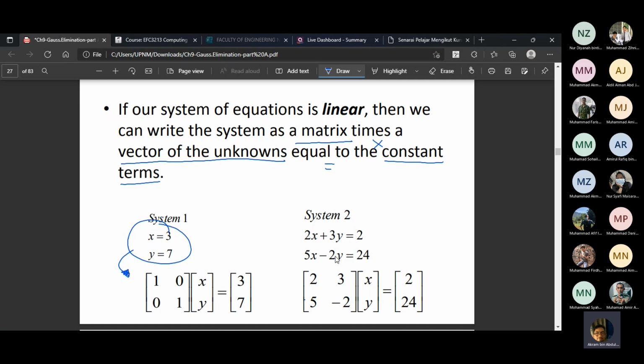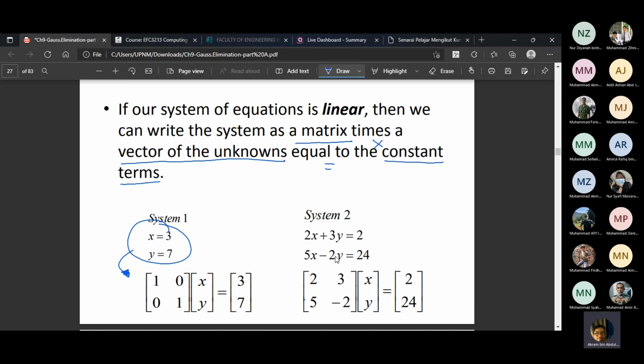Ataupun let's say in system number 2 we have 2x plus 3y equal to 2, 5x minus 2y equal to 24. So our matrix will be 2, 3, 5, negative 2 times the vector of the unknown which is x and y equal to the constant term which is 2 and 24.